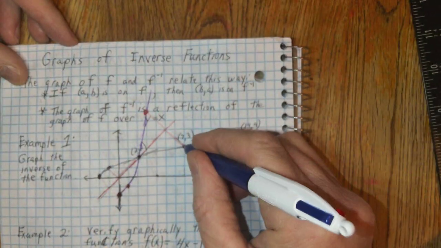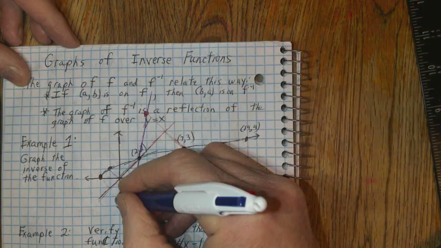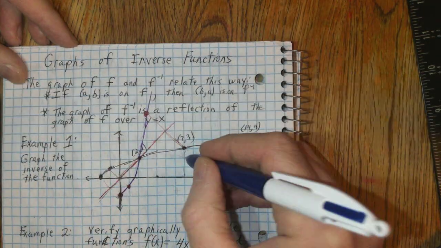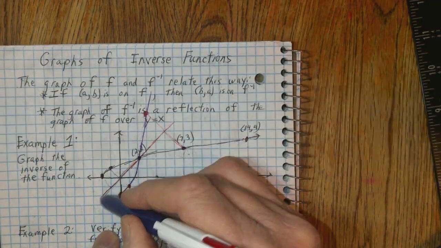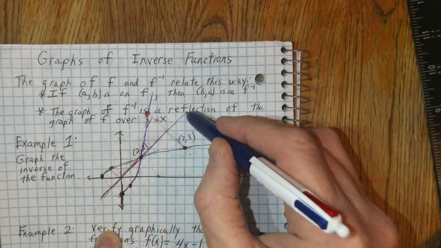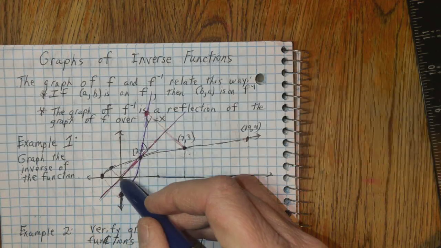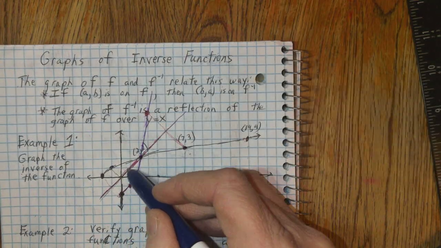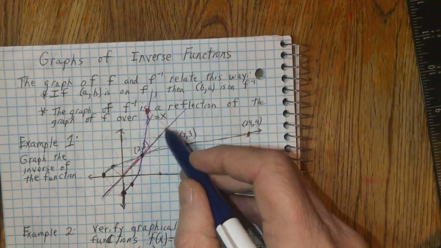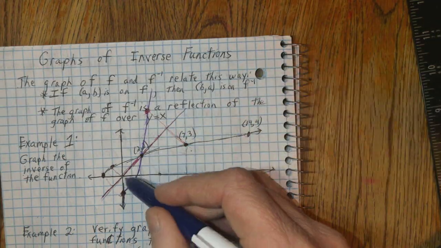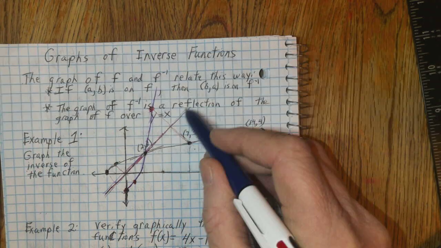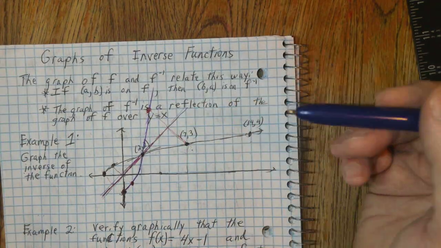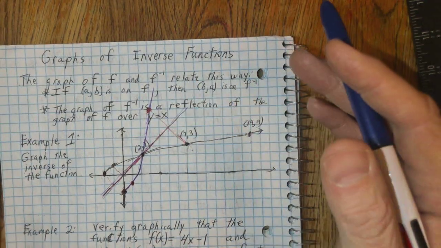And that gets me from here to here. These are the inverses. And notice, does it look like this is reflecting over this line, y equals x? Now, the y equals x line is 0, 0, 1, 1, 2, 2, 3, 3, 4, 4, 5, 5. The y and x coordinates are the same. Negative 1, negative 1, negative 2, negative 2. But notice how those reflect. So you can just graph it right away.